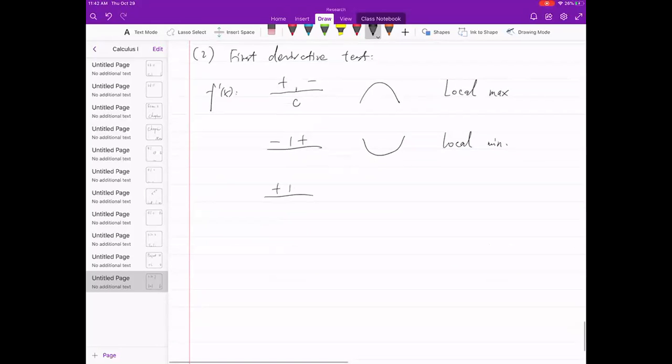Okay. What about this case? Do you remember what they're called? Saddle point. Saddle point.